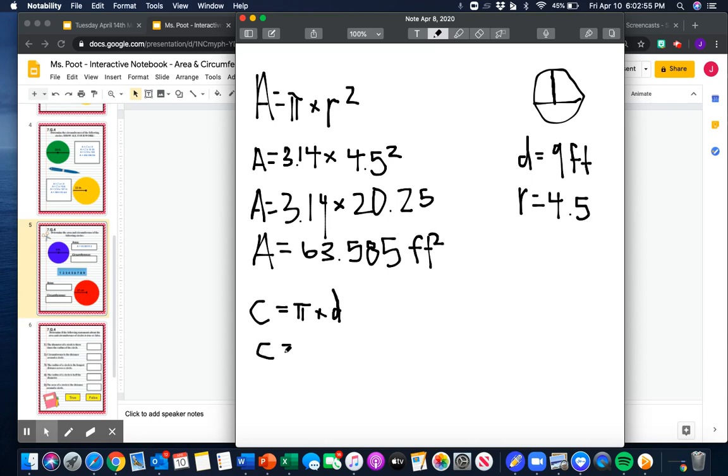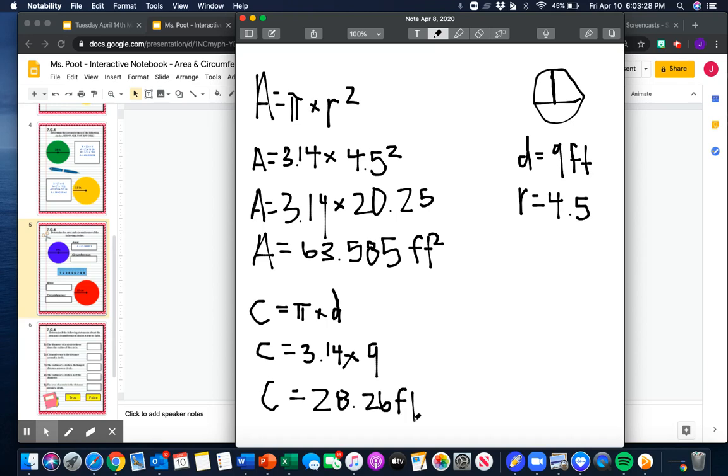C equals 3.14 times 9. All right, so let's do our math. 3.14 times 9, I should get 28.26. Cannot forget my units, it's feet.